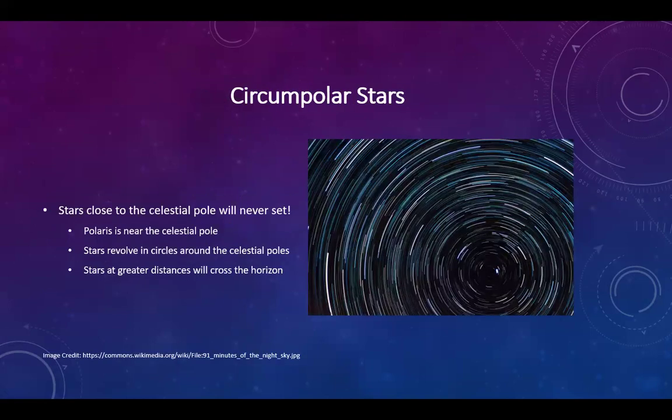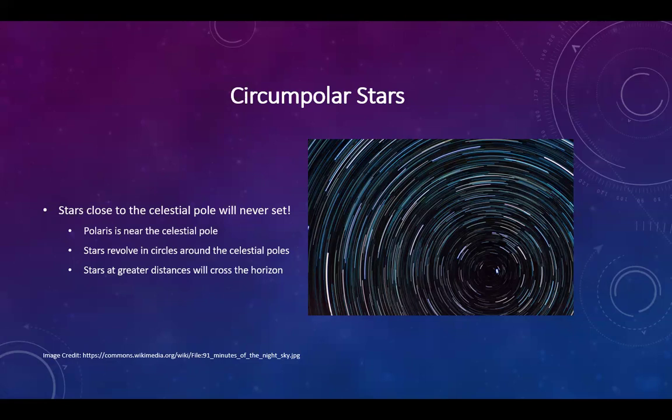Now, if you look up at the celestial pole, stars close to the celestial pole never set. They just travel around in circles until the sun comes up and you can't see them anymore. And if you've heard of the North Star or Polaris, Polaris happens to be a star that is in the same direction as the celestial pole.